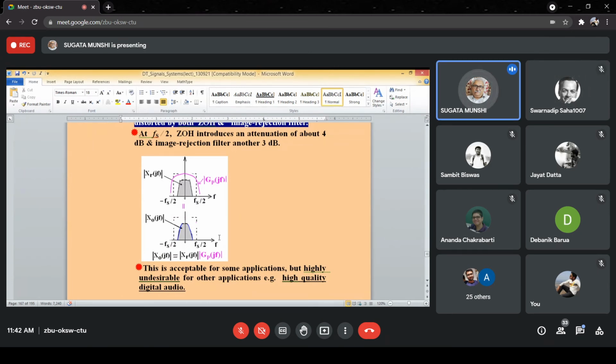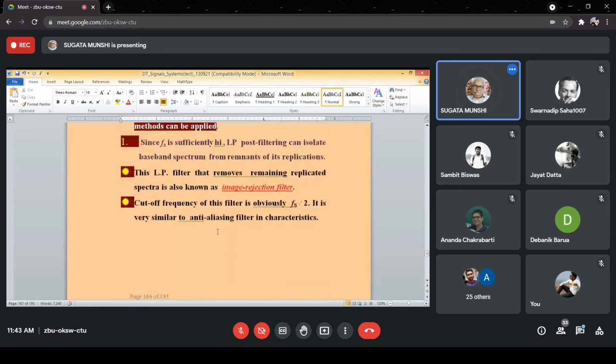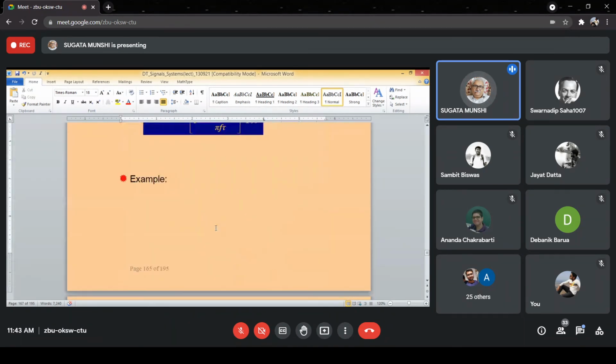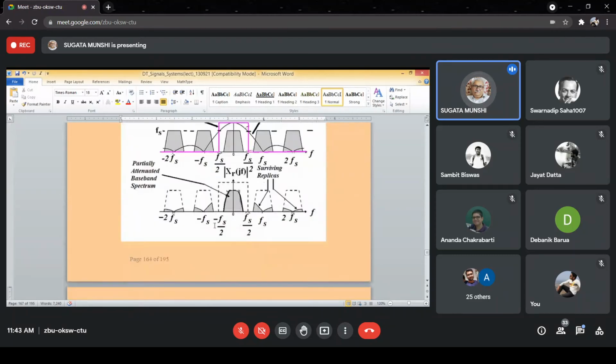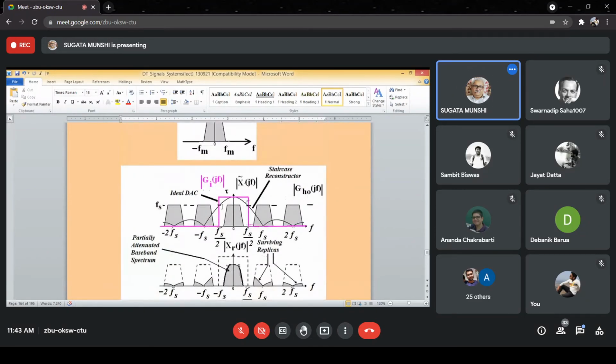So here also we can do that, I mean, we can theoretically do that. Within the band minus fs by 2 to plus fs by 2, what was the nature of the zero order hold? Convex upward characteristic, isn't it?